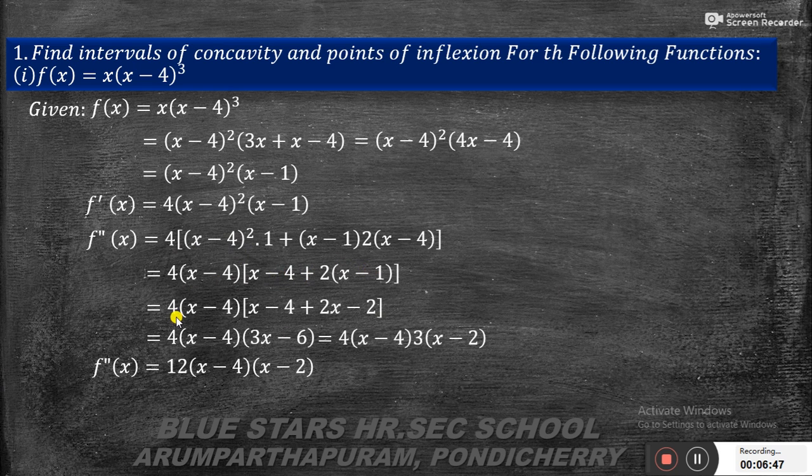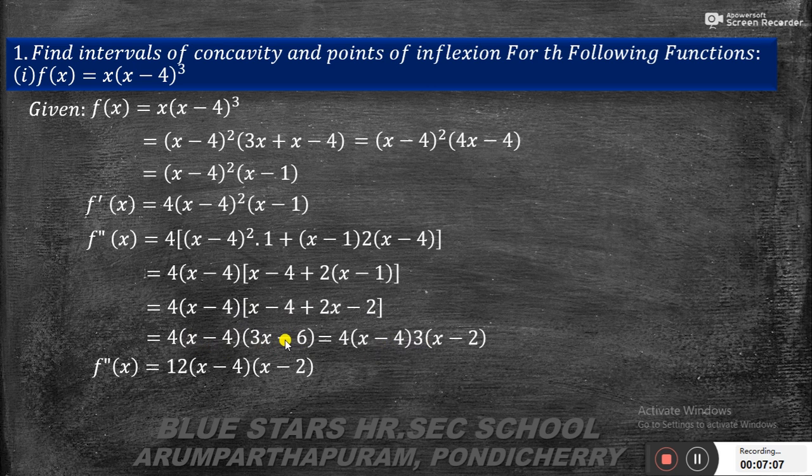The next step I write 4 into (x − 4), and multiply the 2 into the factor, 2x − 2. So in the next step I write 4 into (x − 4), and add the x terms: 3x, then −4 − 2 is −6. So 4 into (x − 4).